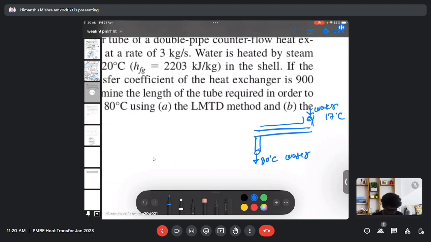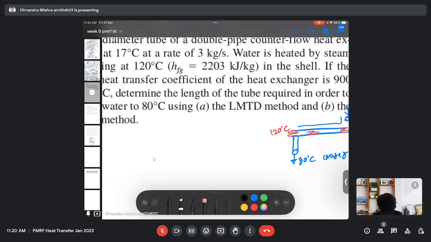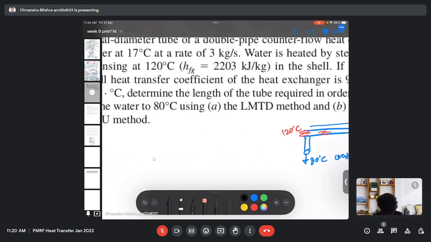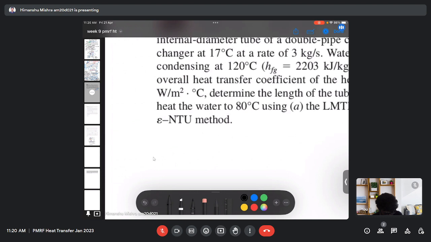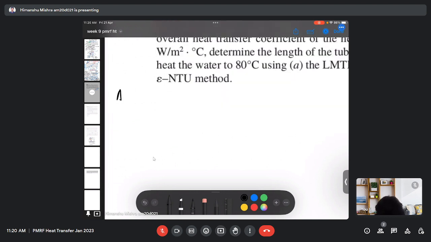And the hot fluid is flowing here, which is coming out at 120 degrees Celsius. So my assumptions are the same: steady operating condition, no variation of flow with time.